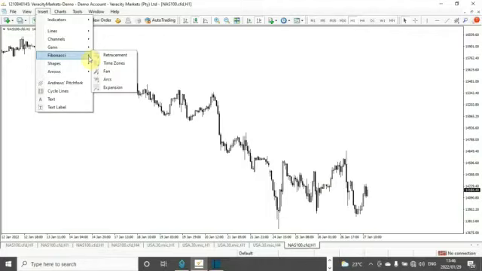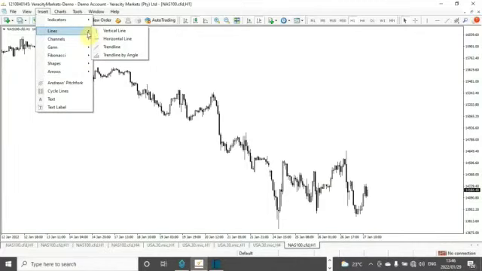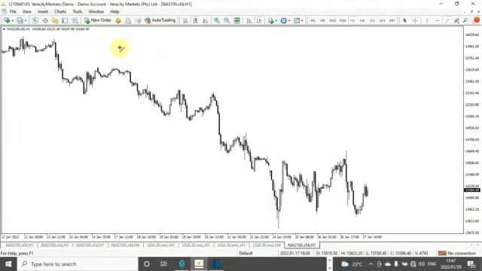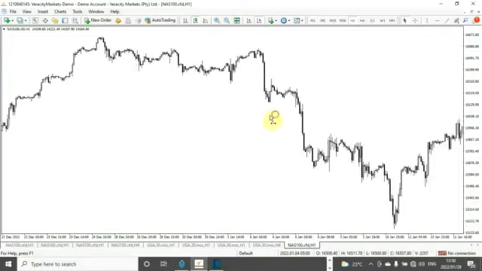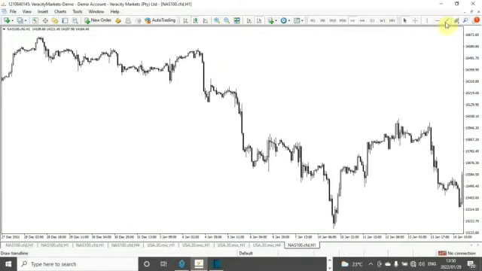So guys, we're going to be showing you how to draw trend lines. So we are going to go here, and if you want to draw a trend line, you use this specific tool, which says trend line. So we're going to click on this tool called trend line. So for example, if we were up here, guys, this is how we would draw a trend line.